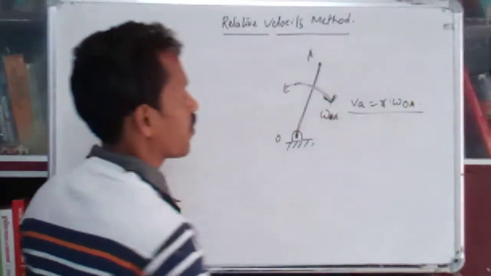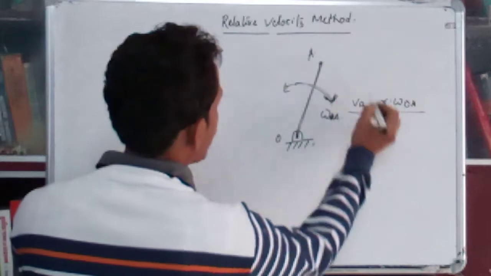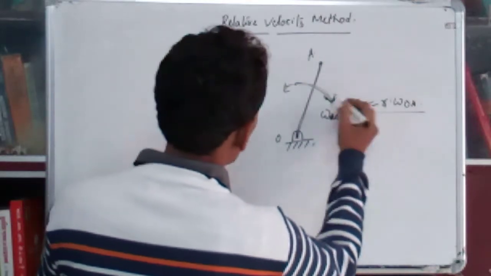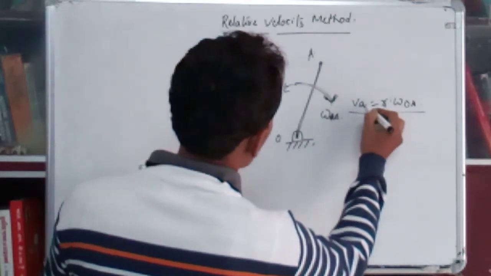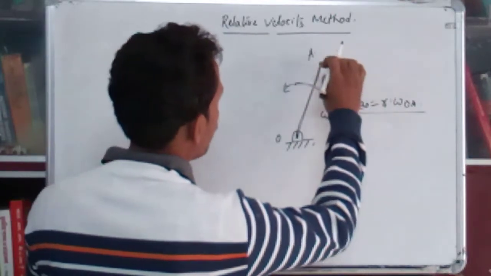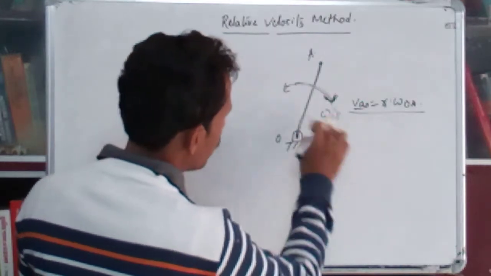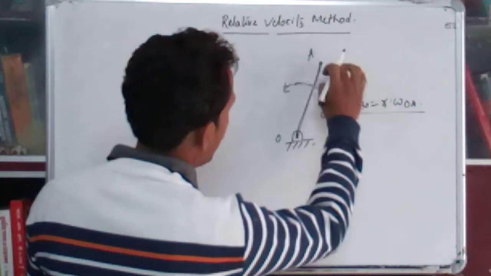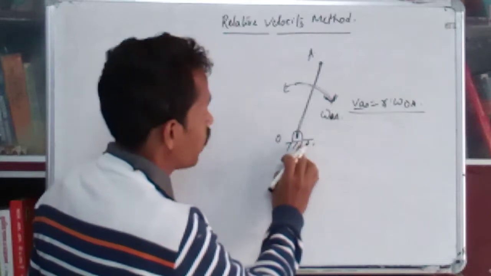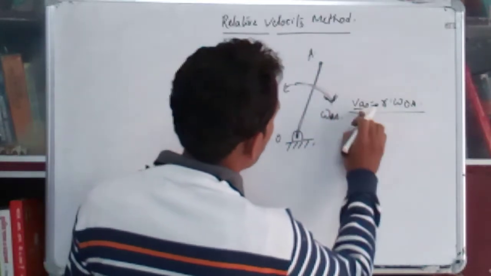Now, what will be the direction of this velocity? We can write VAO, that means velocity of point A with respect to O, because O is fixed here. As it is fixed, the velocity of O will be 0, so the velocity will be VAO.